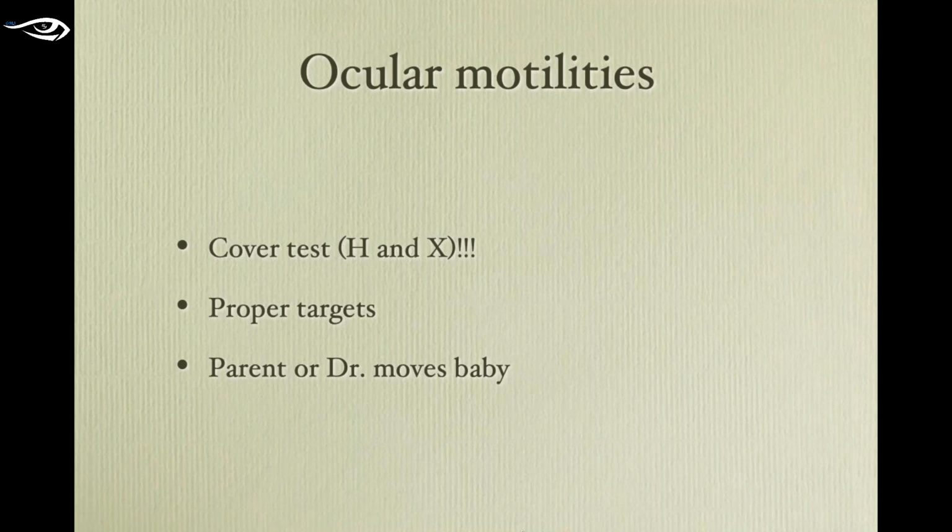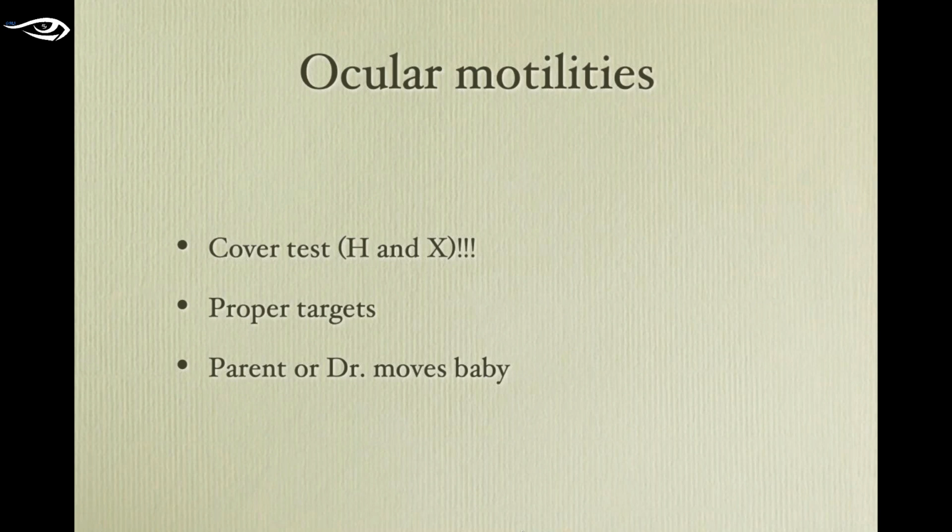Oblique, it's in the name. How do you best test that? Go in the field of action. So do your H first and do a broad X. By doing a broad X pattern all the way up and down, one side and the other, you get the best way of being able to pick out difficulties, problems with the oblique mode of action.